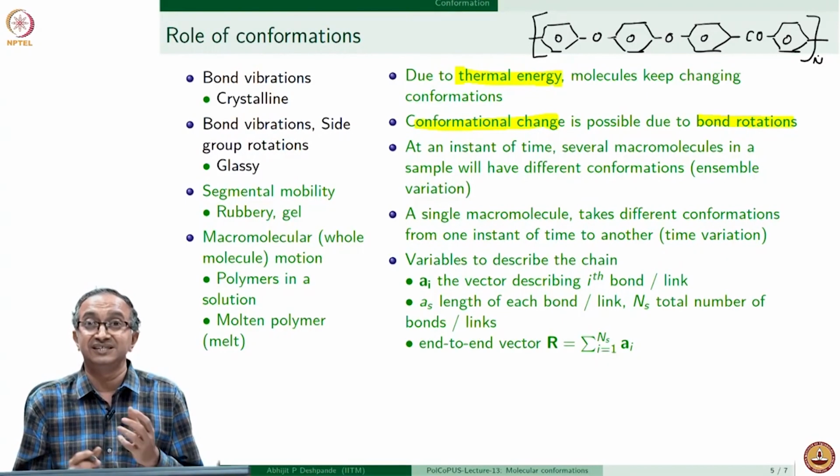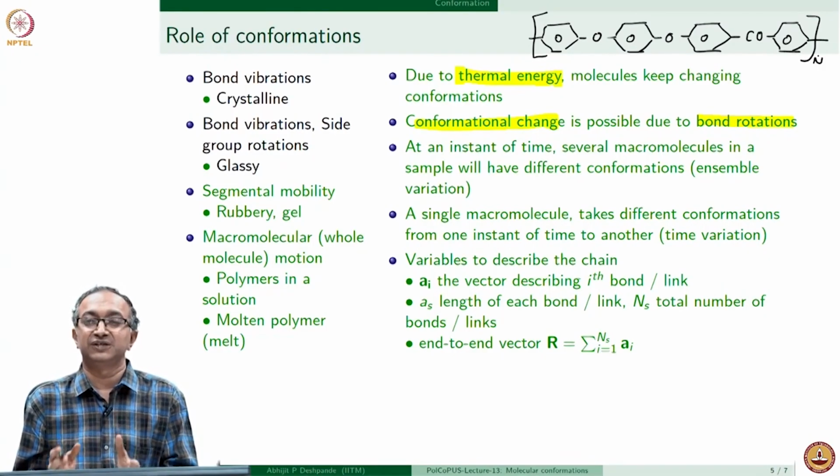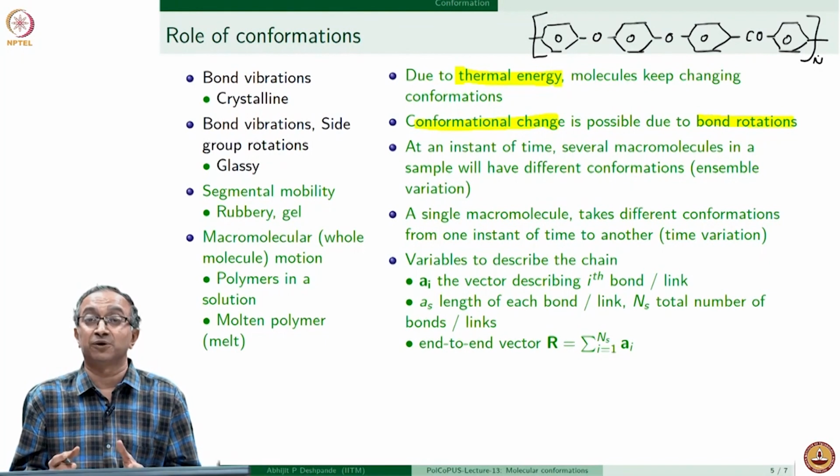So you can already see that I am talking about an engineering material which is very strong and hard, and its backbone has a particular degree of flexibility based on conformational change. So using a single macromolecule, we are already talking about mechanical properties of a polymer. And that's why single macromolecule behavior is so important.